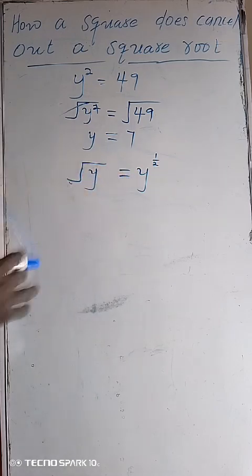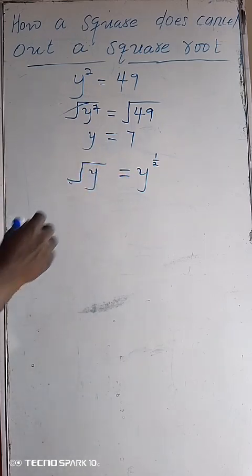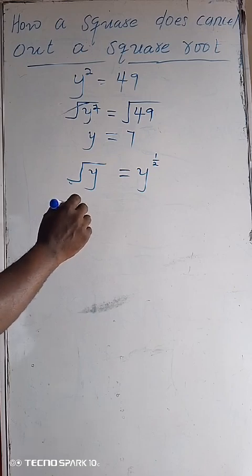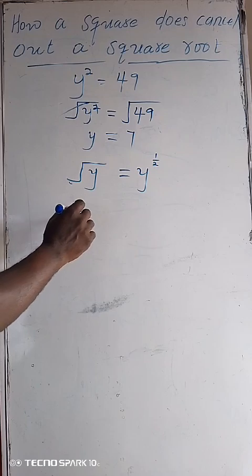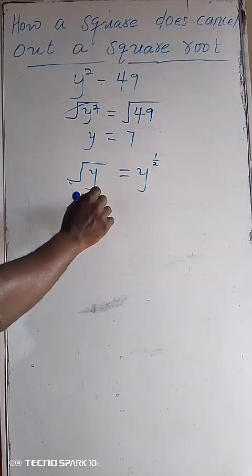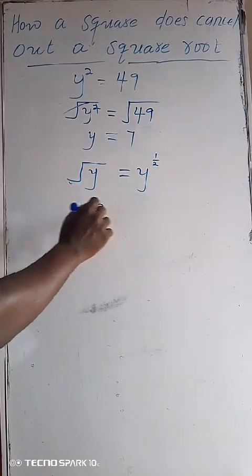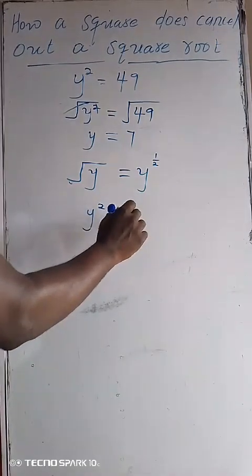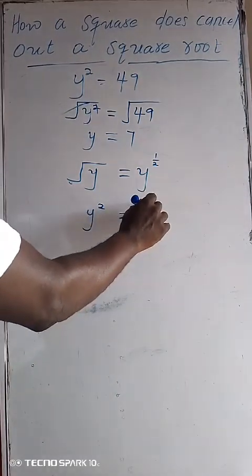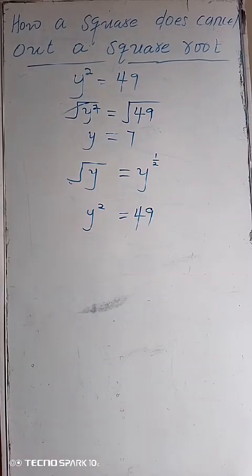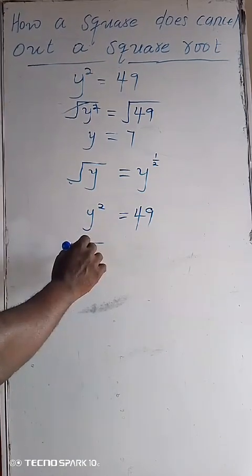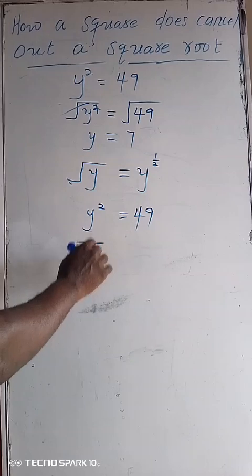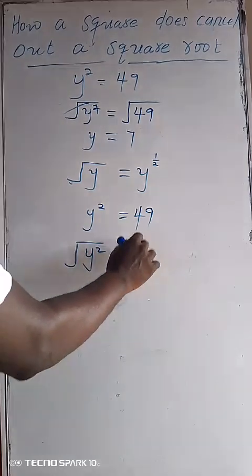So if this point is well established and understood, then for the example that we solved, when I have y exponent 2 is equal to 49, and I use the term square root both sides, this is what is going to happen.